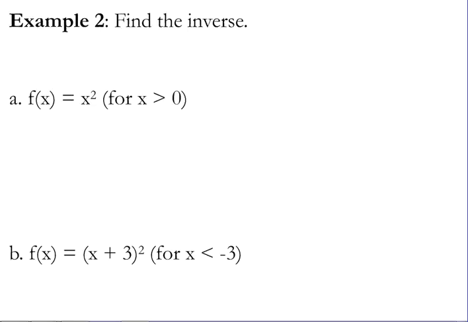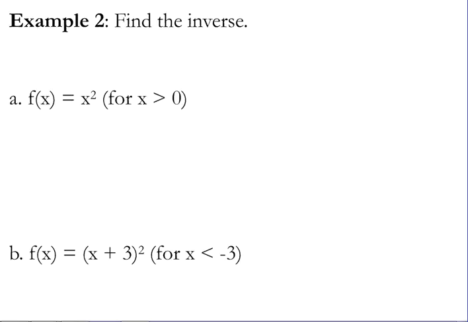There's something in parentheses: for x is greater than 0. What we're doing is restricting the domain so that we're only looking at one side of this parabola so that its inverse will be a function. I'll show you where this comes into play in a second.